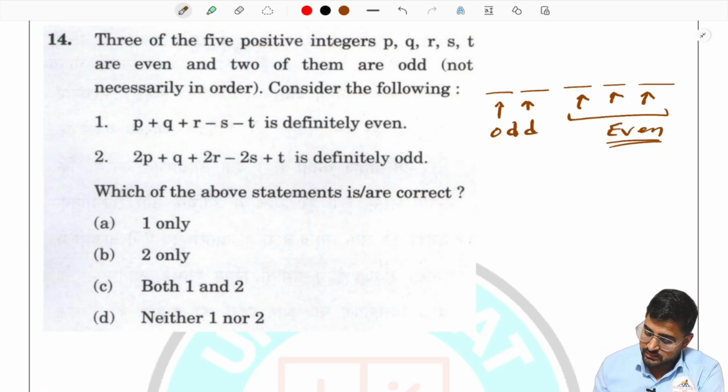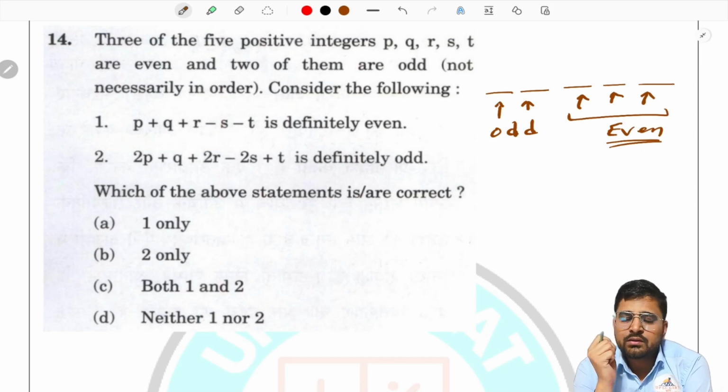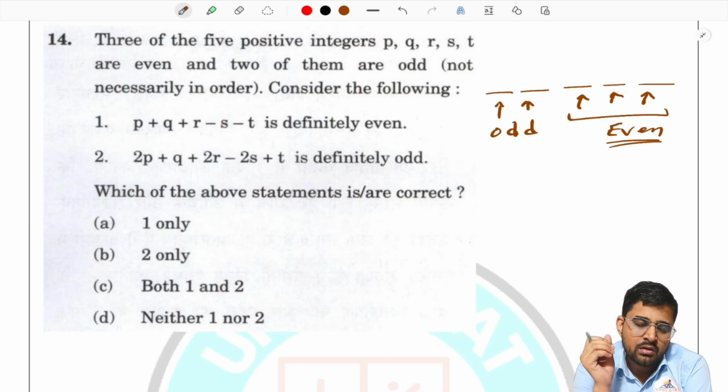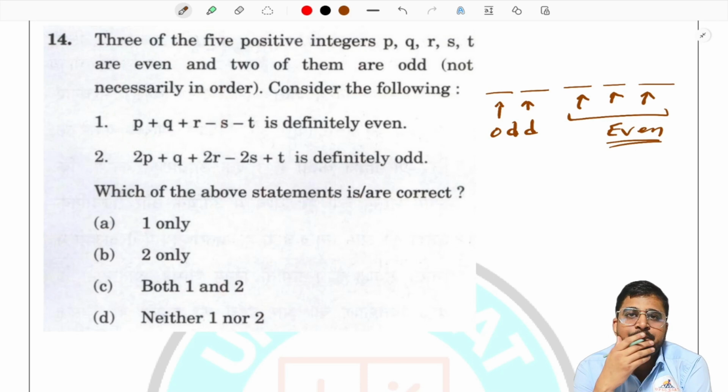Now he says, consider the following. So this is the equation is definitely even. In this kind of question, always try to prove the examiner wrong. Always put an argument to the statement.